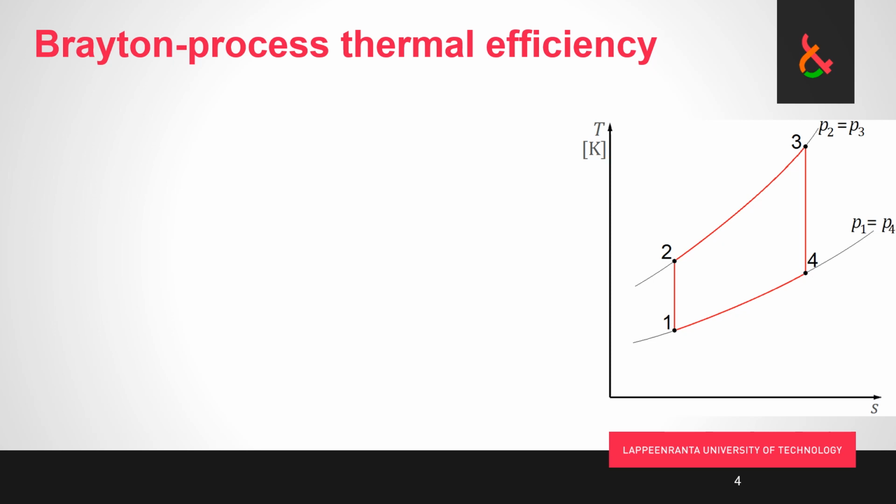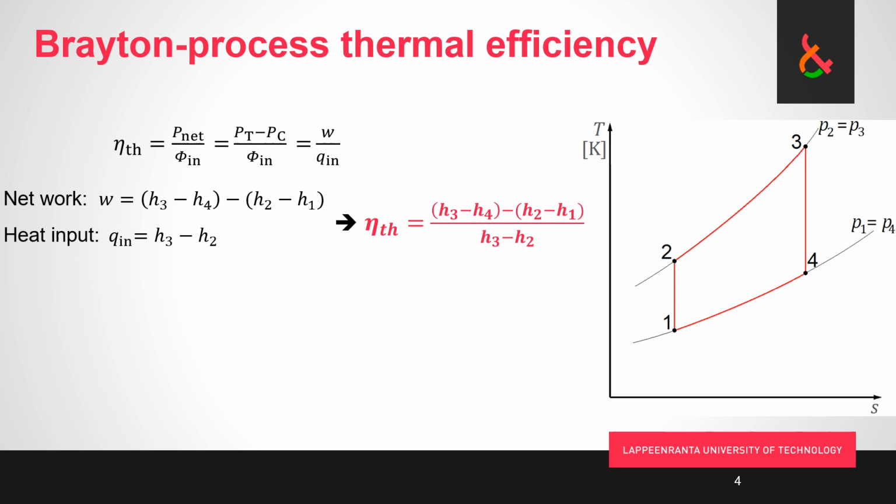Now, speaking of the efficiency, the definition in its basic form is the same basic idea as we had with the Rankine cycle. Thermal efficiency is the net mechanical power divided by heat rate in, or specific work divided by specific heat in. With enthalpies we can define this as specific net work, lowercase w, and lowercase specific enthalpies.